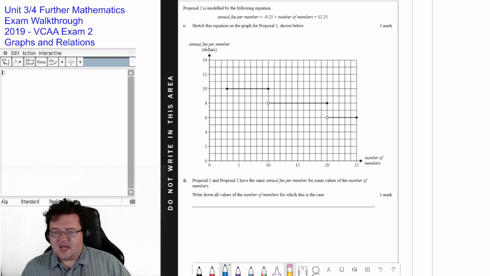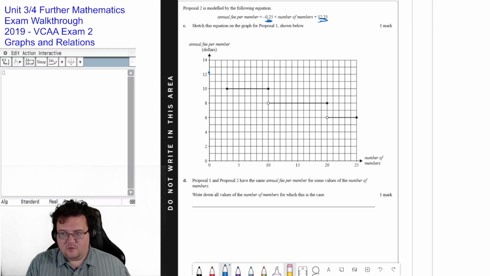So if you have no members, then ostensibly it would cost $12.25 because this is the gradient and this is the constant. So that's 13. So it's about there. That's where that point will go.